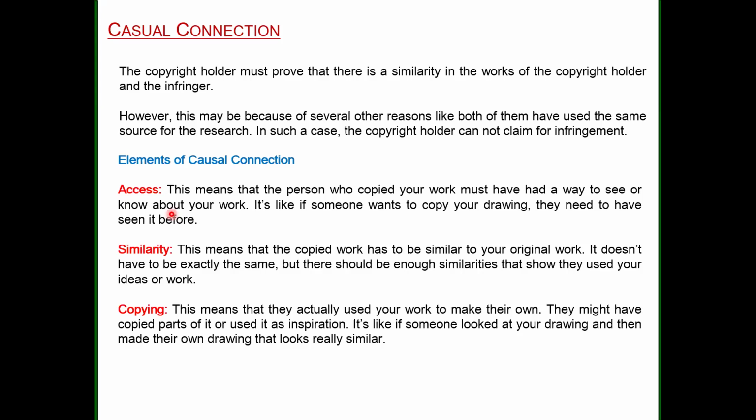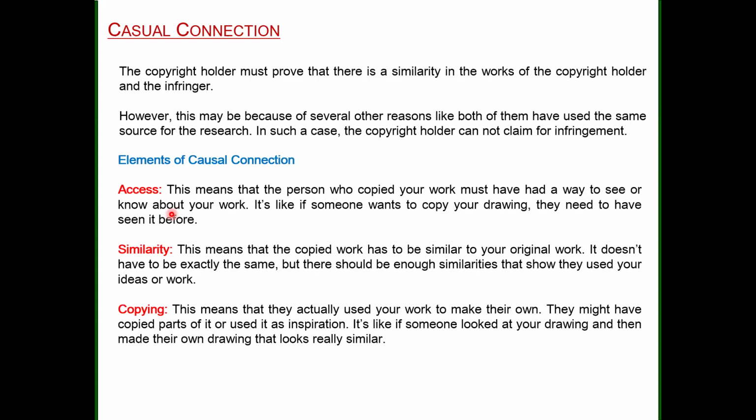If the work is extremely similar to your work and he has got access, then there is more chance of getting the infringement issue clear. And if there is copying, if there is a substantial part of that, then three things are there. Number one, that person X has access to your work, the work is similar, and there is complete proof that it is a copy.